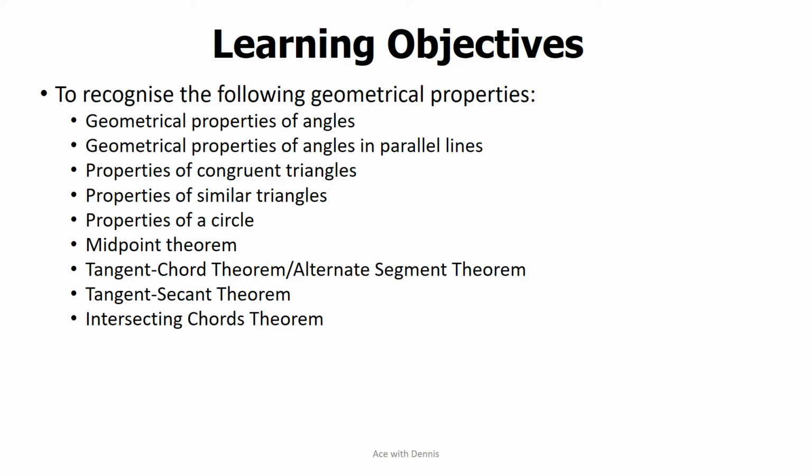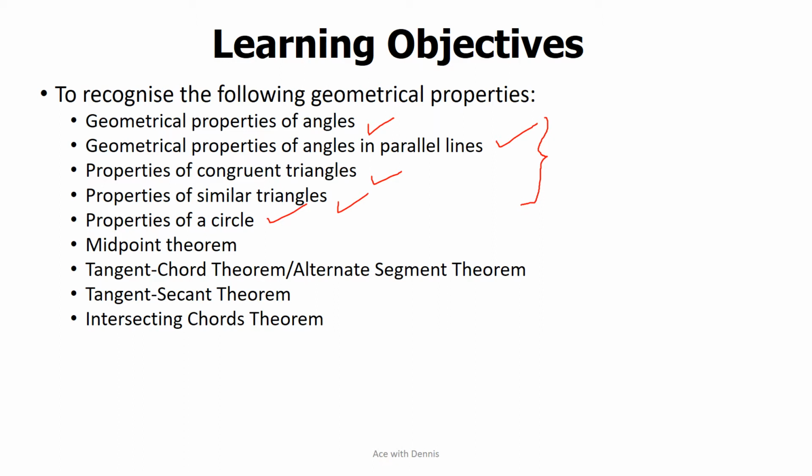The first few properties you should have learned in mathematics. The few properties are geometrical properties of angles, geometrical properties of angles in parallel lines, properties of congruent triangles, properties of similar triangles, and properties of a circle.